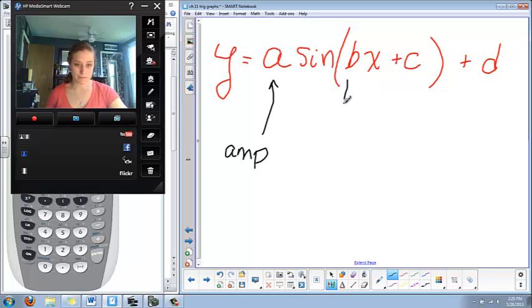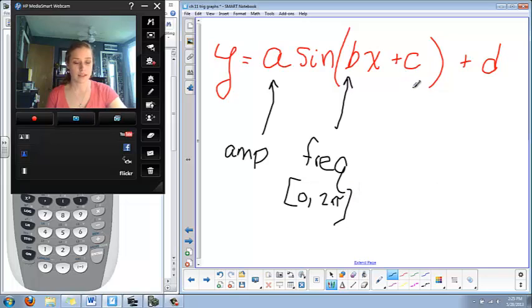This b is what we call the frequency. Now the frequency tells us how many curves I'm going to see between 0 and 2 pi. Now that number never changes. It's always between 0 and 2 pi. The c has to always be inside of those parentheses, okay? So don't get confused about that. That c is the horizontal shift. Horizontal meaning left and right.